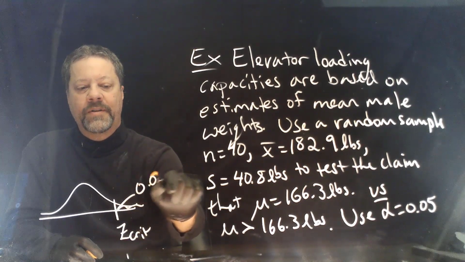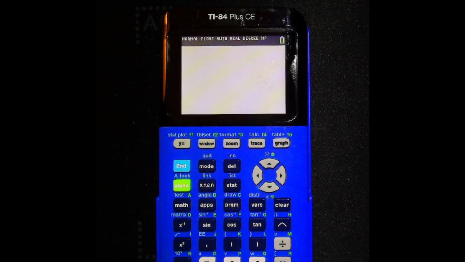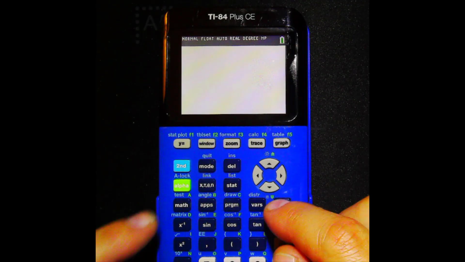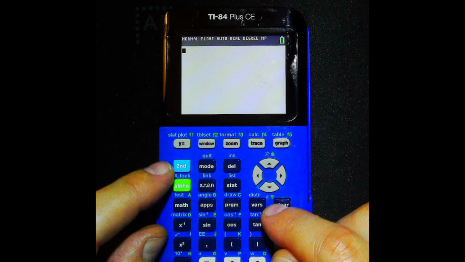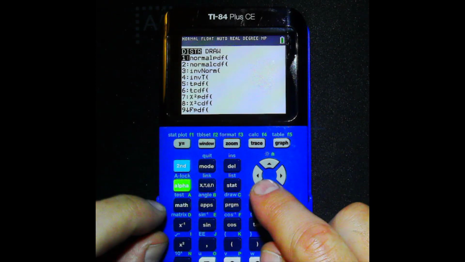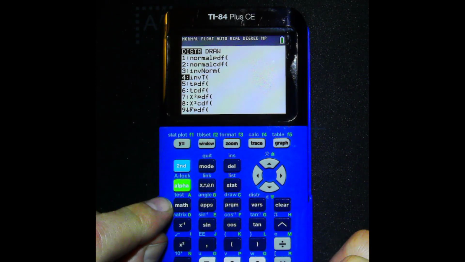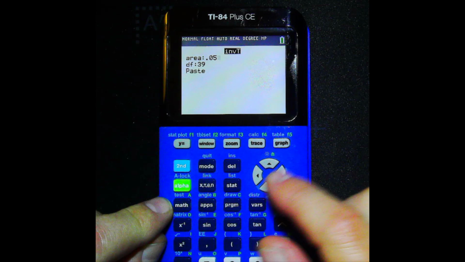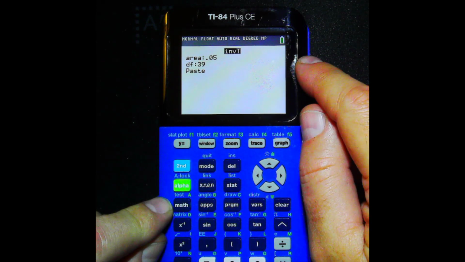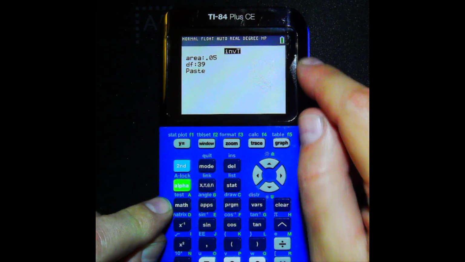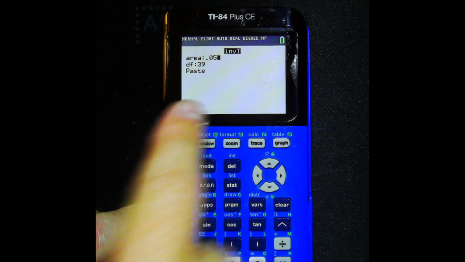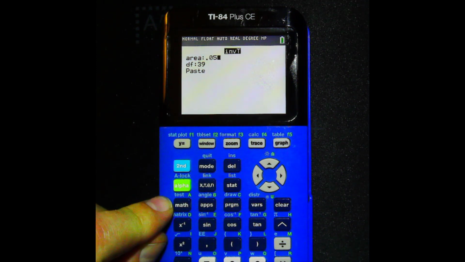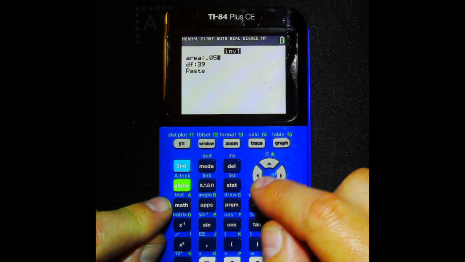putting 0.05 area in. Using our calculator to find the critical t-score, we do second distribution, inverse t. The area we wish to use is 0.05. This actually will calculate the area from negative infinity up to 0.05, which will give us a negative value.